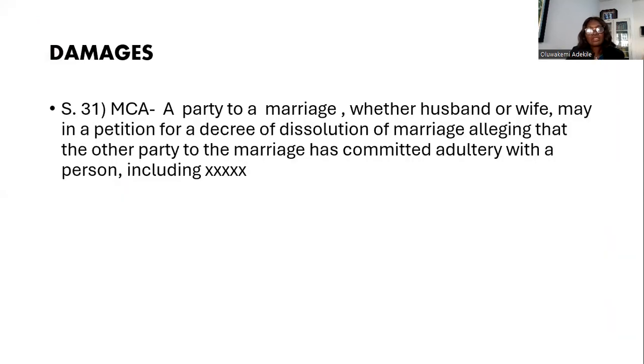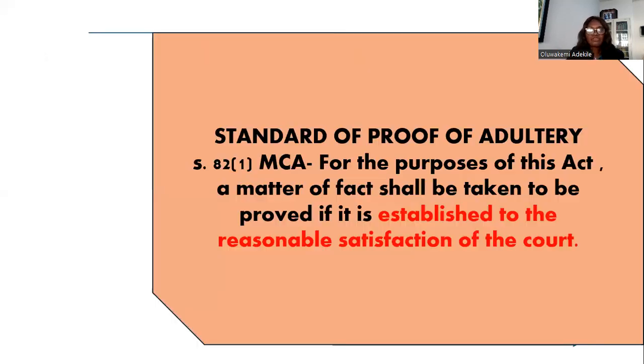Now, the damages for adultery, like I said earlier, can be claimed from someone with whom adultery has been committed, if the person is specified in the petition. The standard of proof for adultery is stated in Section 82(1) Matrimonial Causes Act.